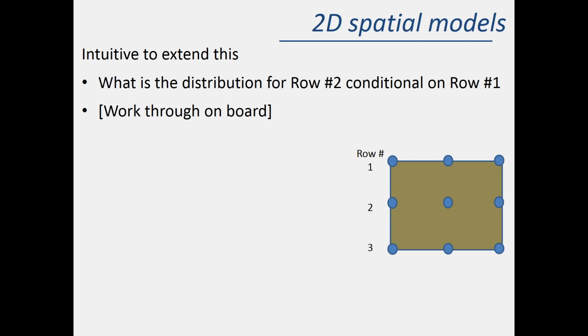You just make it multidimensional. Yeah, so one way to start is to think about it as a CAR model. This point definitely has a partial correlation with this one, and the partial correlation should be 0 from this point to this point. Similarly, it should be 0 for these.